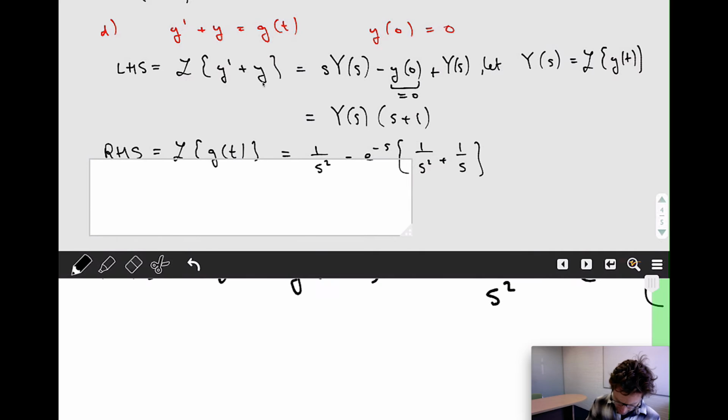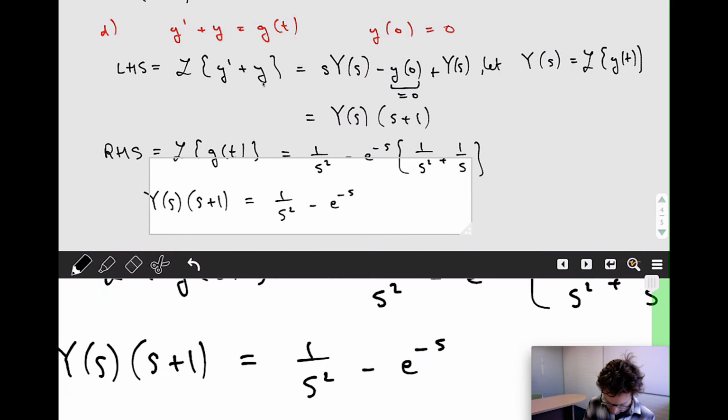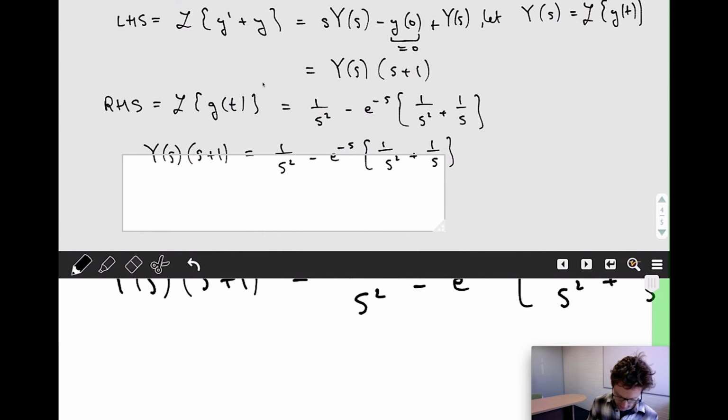So let's put that together now. My left-hand side was Y of s times s plus 1, which is equal to my right-hand side, 1 over s squared minus e to the minus s, 1 over s squared plus 1 over s. I need to rearrange this expression now to solve for big Y of s.